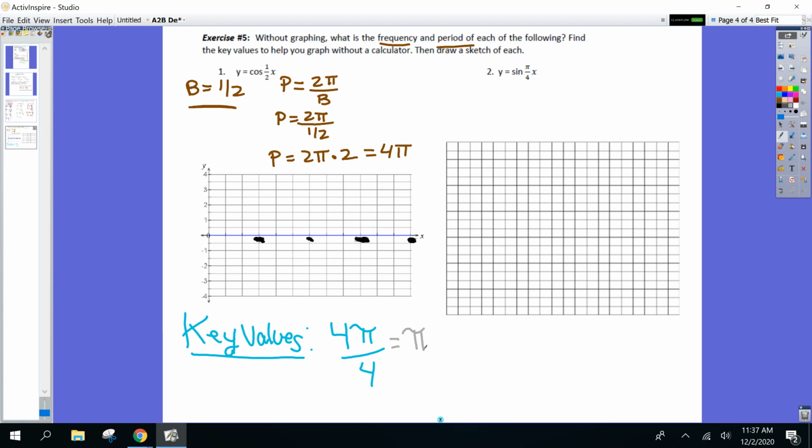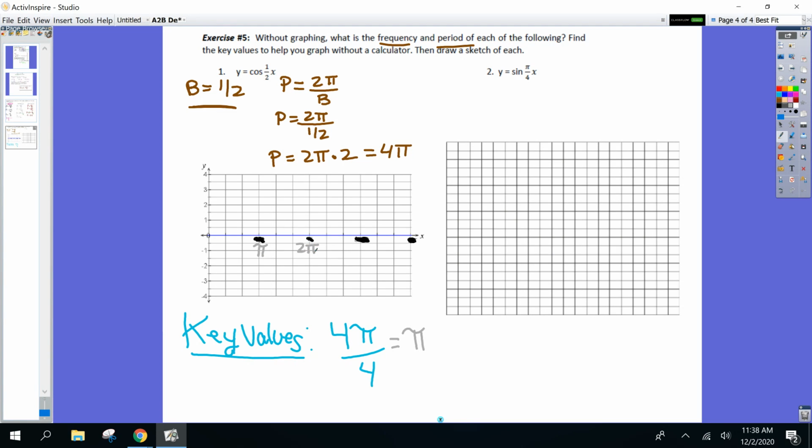All right, so how do I use it? We're going to label our x-axis now with our key values. You got 0, that stays 0. The first key value is going to be pi. And you're going to keep going by pi. You're going to keep adding pi now. So the first one was pi. Add pi again. You get 2 pi.